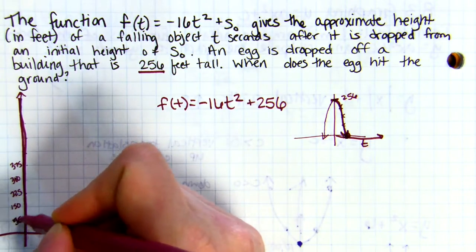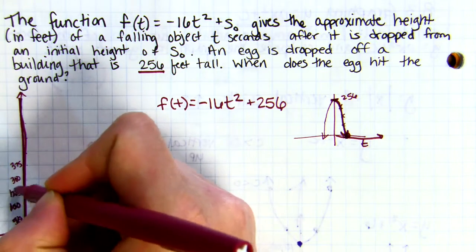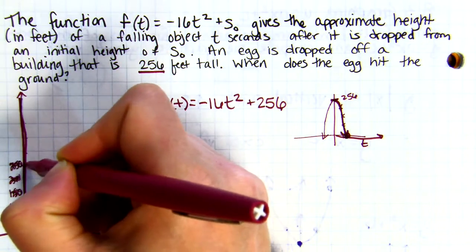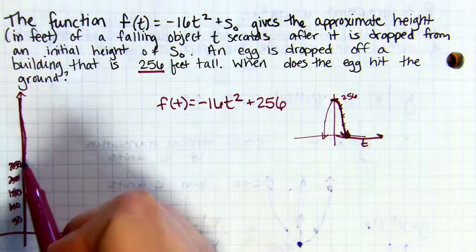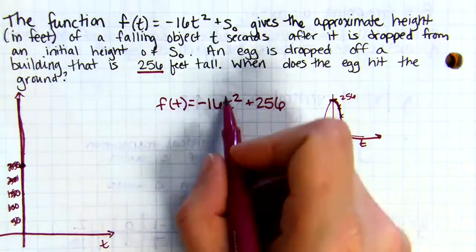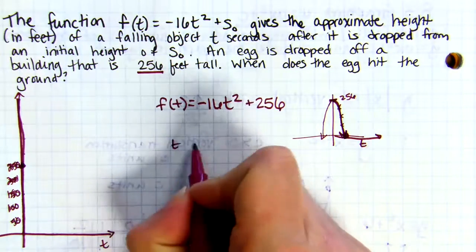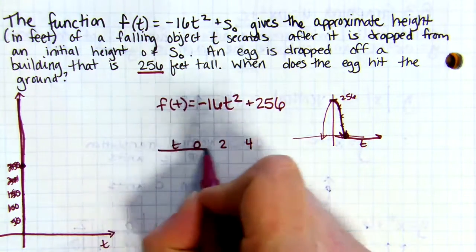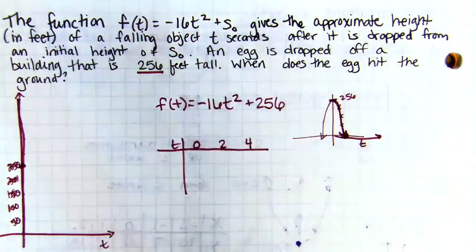Let's do 50s then. So there's 250. So I'm starting 256 feet above the ground. What I'm going to do is pick some t-values. Let's pick 0, 2, and 4 and see if that helps me figure out when I'm going to hit the ground.